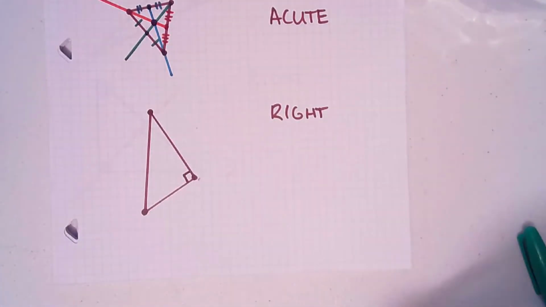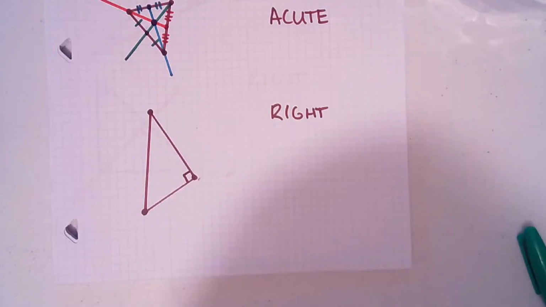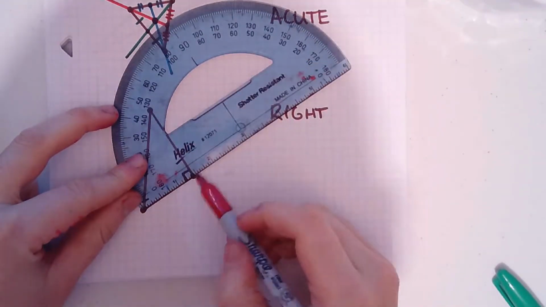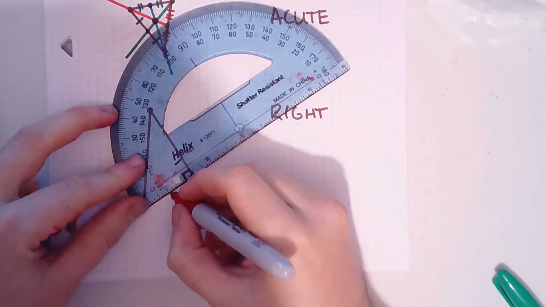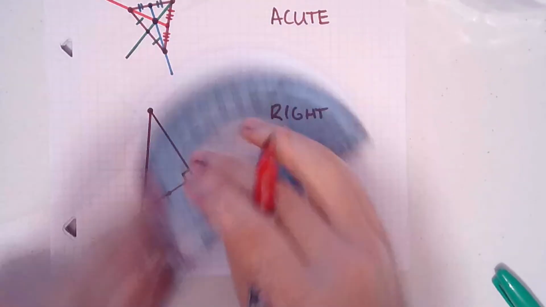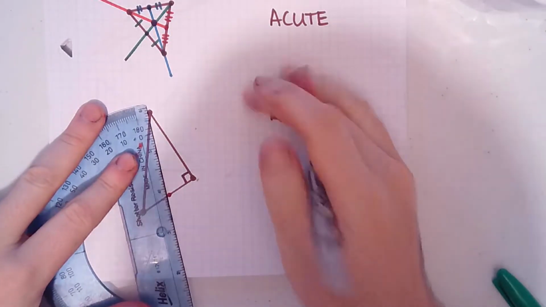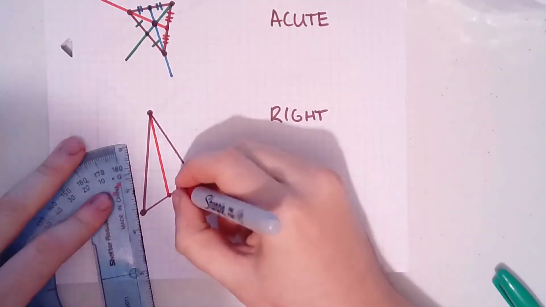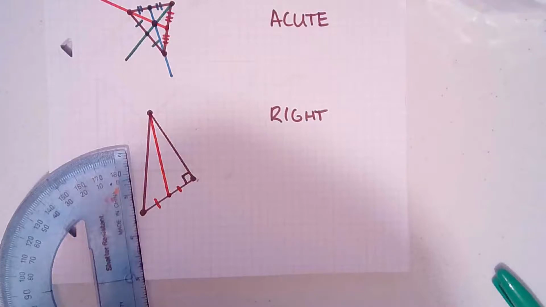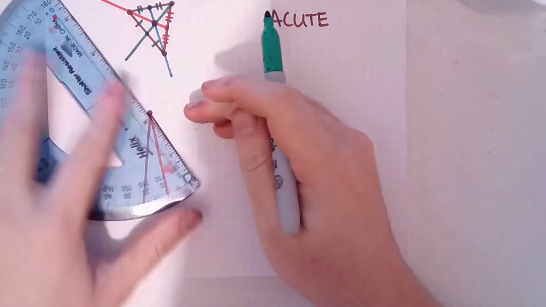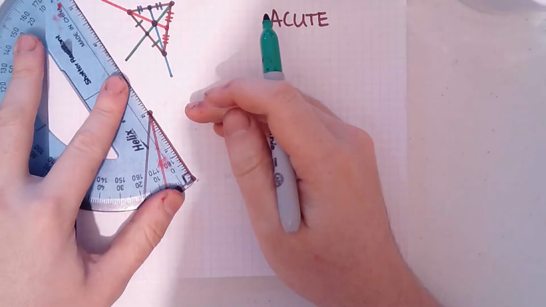If we look at a right triangle, same idea holds true. We cut this in half, and this one looks to be about 1.5. So if we cut that in half, it's about here. If we were to draw from that midpoint to this vertice, we'd get this for our median. Over here it looks to be about 2.